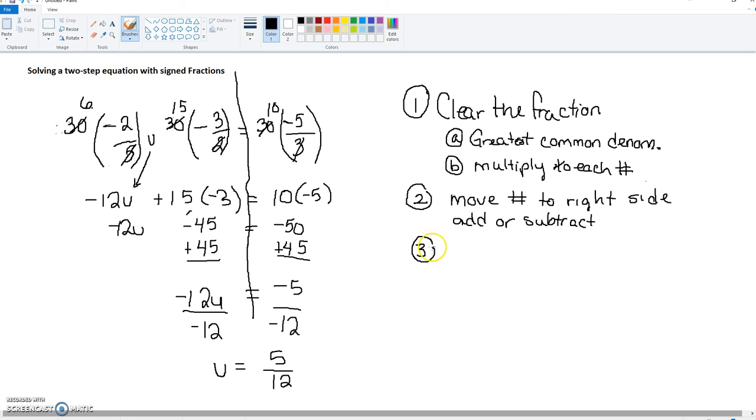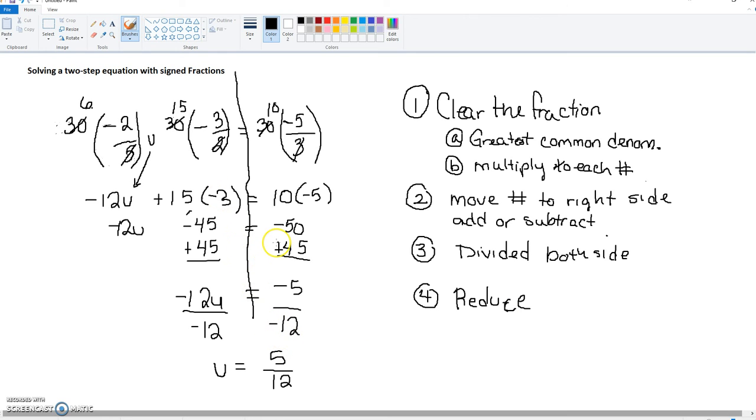Third step, we divided both sides. Our fourth step, of course, was reduce the fraction. So you may have one that you actually need to reduce by 2 or by 3, and so on. But in this particular topic, your answers will be fractions.